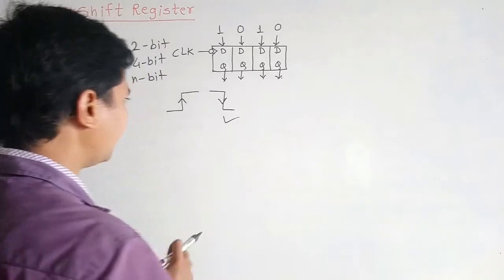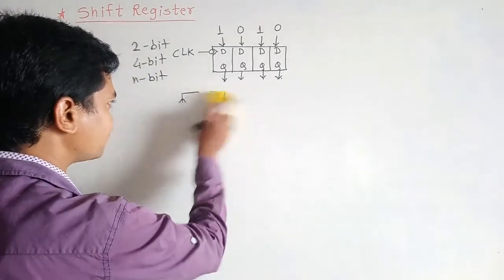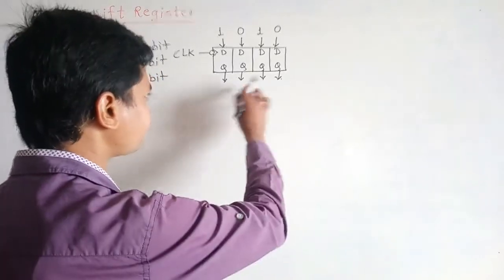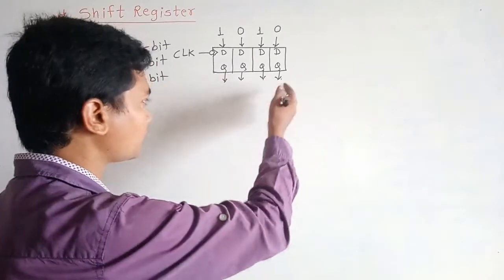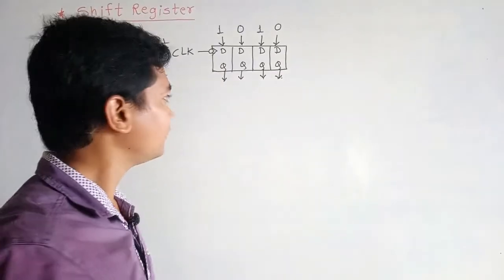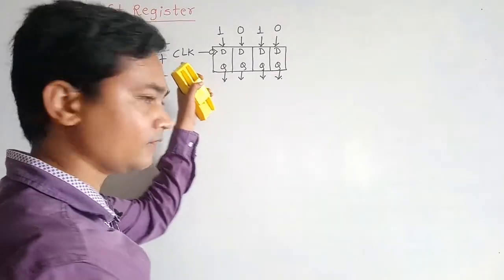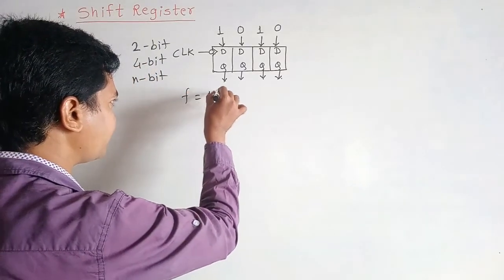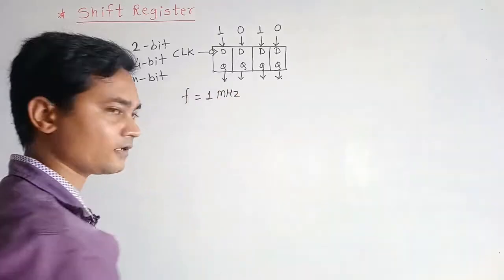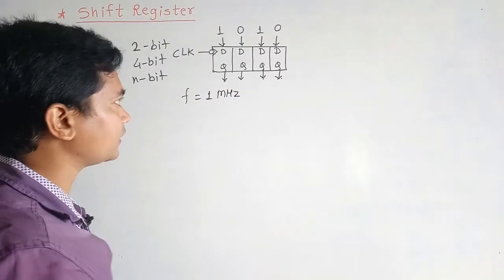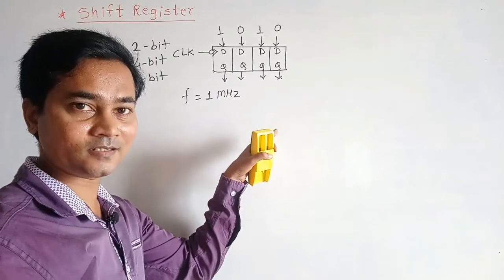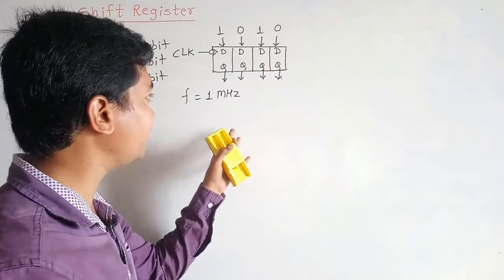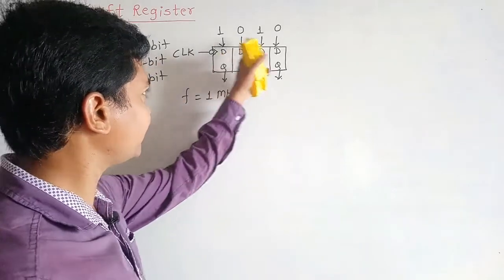Now suppose we want to control the outputs of this shift register, and suppose the clock signal has some frequency, say frequency equal to 1 megahertz. Then the data shifting rate will be 1 megahertz, which means you don't have any control over this data.